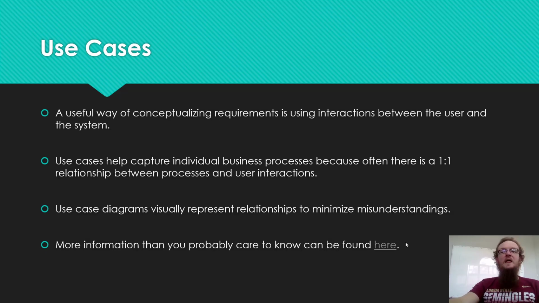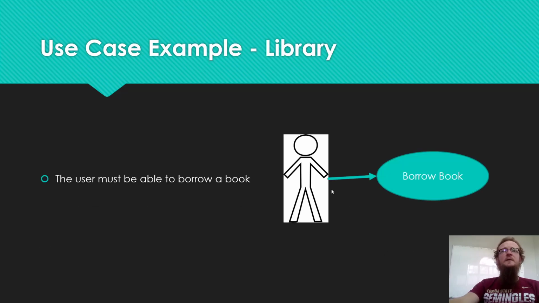What I want to do is take some of the content from this resource and talk about it specifically. If you're looking at a use case diagram, the most simplified form is talking about how the end user on the left, so Mr. Stick Dude here, is interacting with a library system in this case.